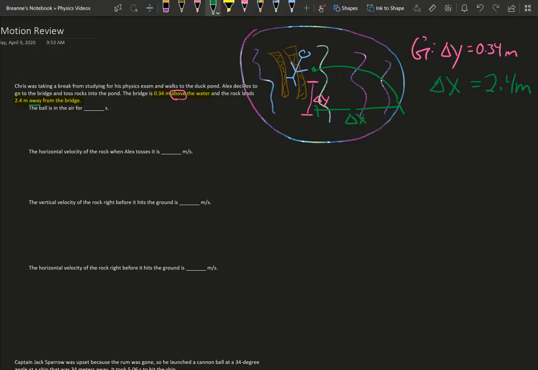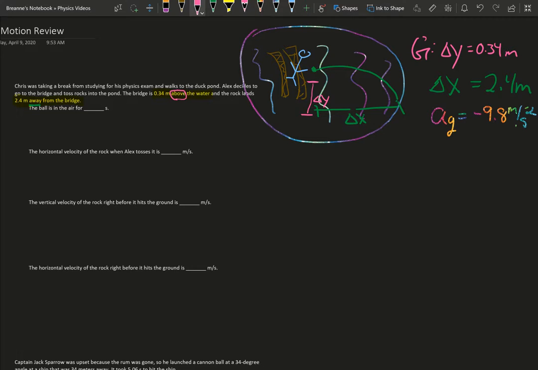Now there's always hidden givens. So it's something we always know. We always know what the acceleration due to gravity is. And this is where Miss Verona and I kind of differ. I make acceleration due to gravity always negative because it's going down.